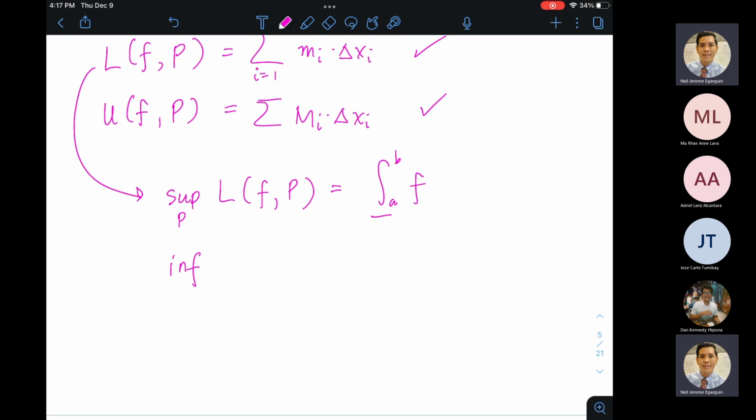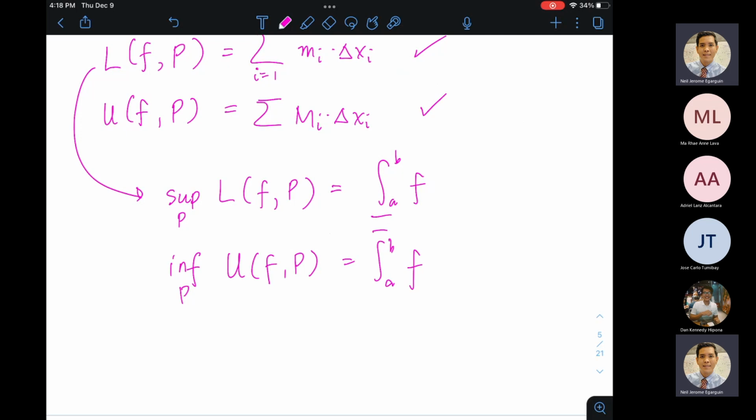Alright? So that's how we define the upper Riemann integral. The upper Riemann integral is the infimum among all upper Riemann sums. And that's what we'll call the upper Riemann integral of our function f. Okay?